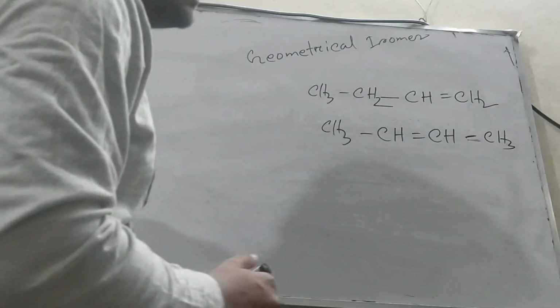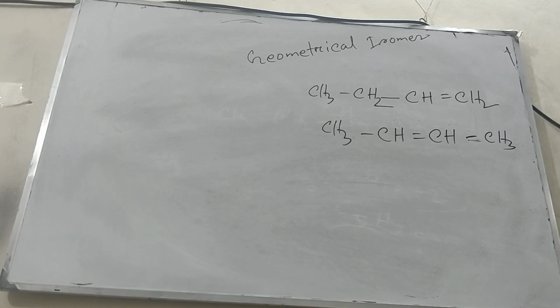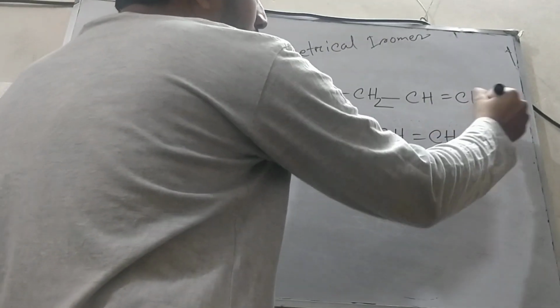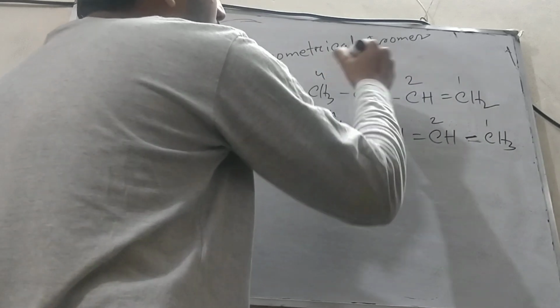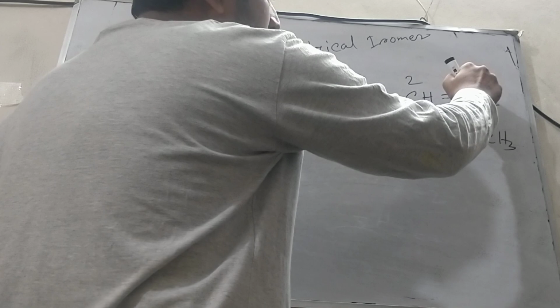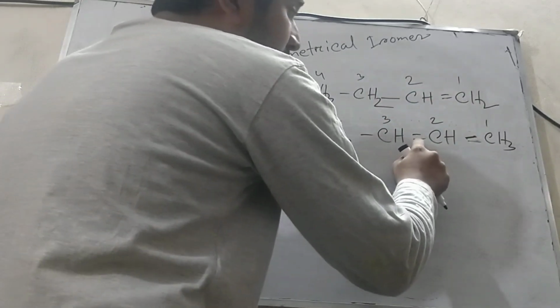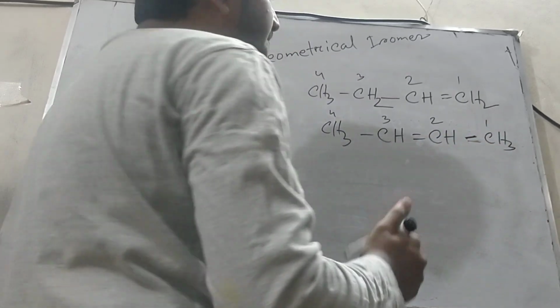So you will understand easily what I am saying: it's 1, 2, 3, 4. The double bond is in number 1 carbon, that's why it will be said butene 1. The double bond is in carbon 2, that's why it will be said butene 2.